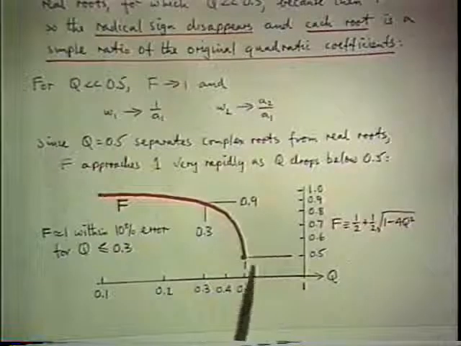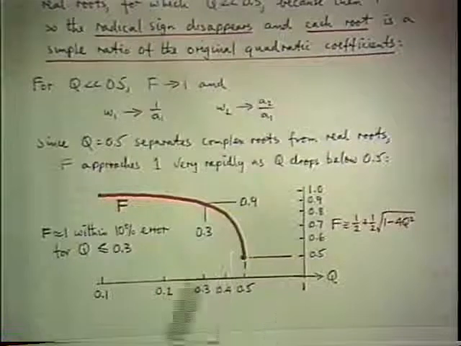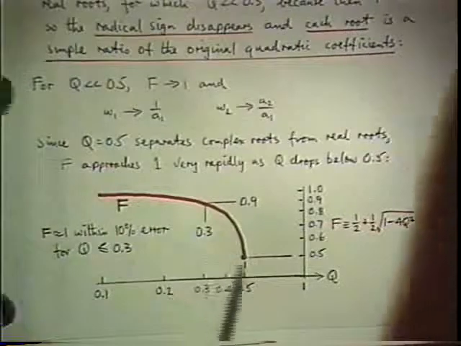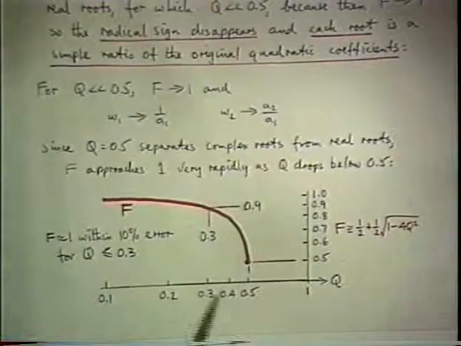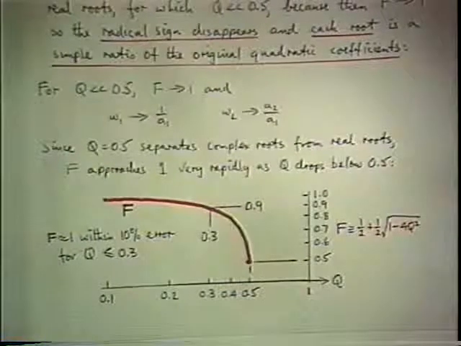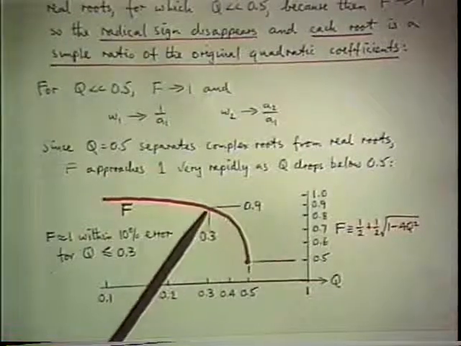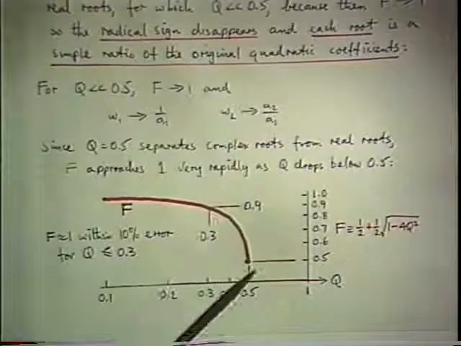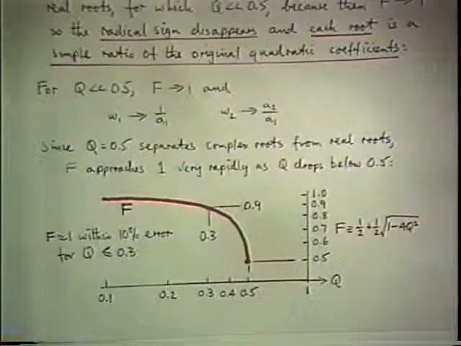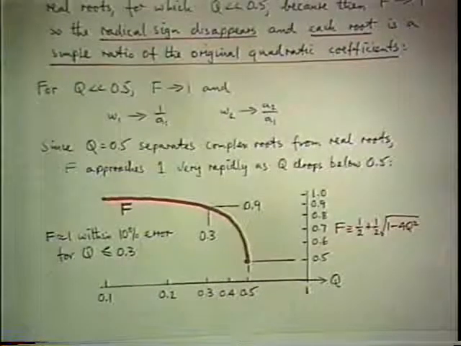You get two equal real roots when q is 0.5. And if q is small enough, f approaches 1, and the additional useful piece of information from looking at this picture is, look how rapidly f approaches 1 as q drops below 0.5. Very rapidly. And here's a particularly interesting point. If q is even 0.3, f is already 0.9, it's already within 10% of its final asymptotic value of 1.